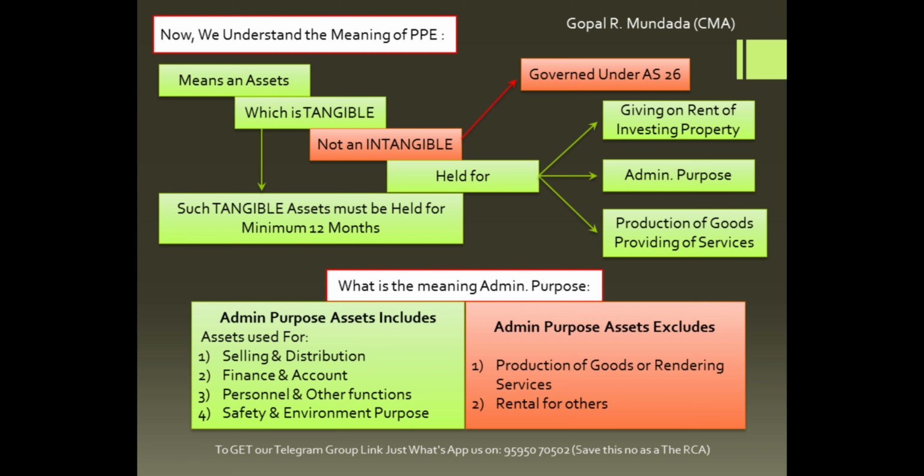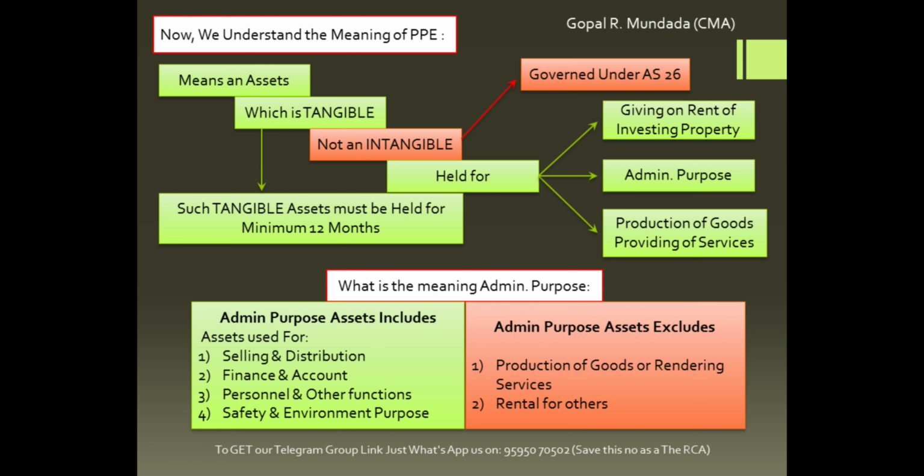So guys, from this diagram you can understand the definition of property, plant and equipment.